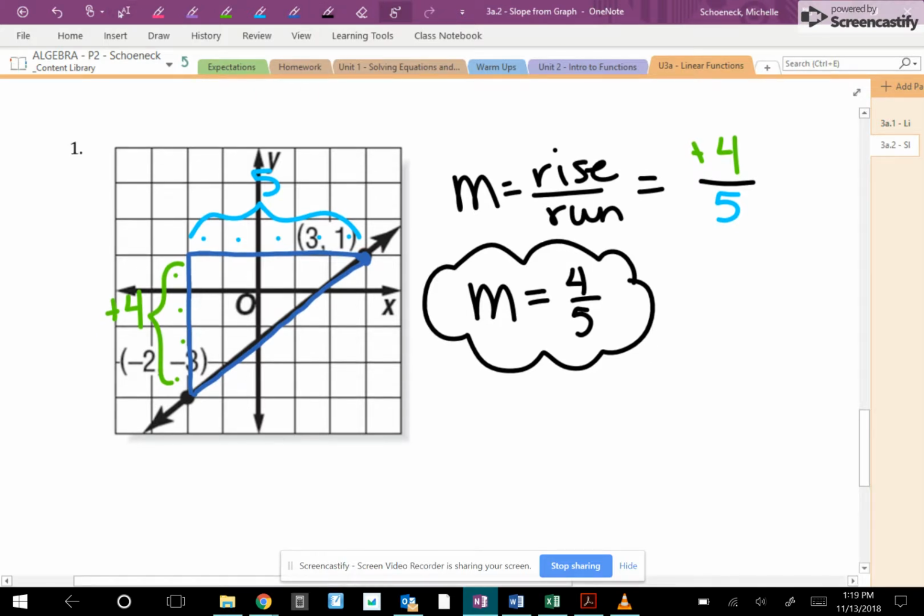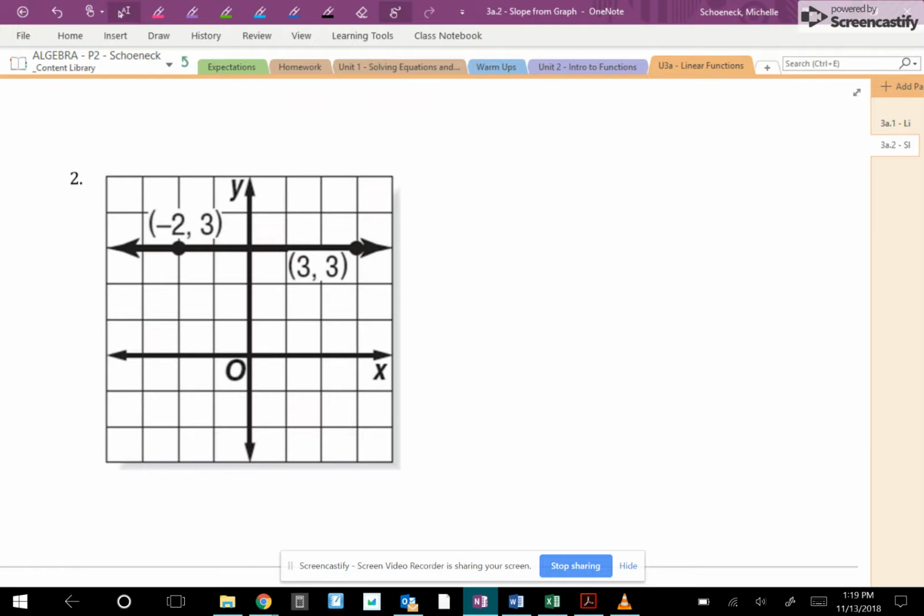All right, moving on to the next one. Find my 2 points and draw a triangle. Now I can't go up or down any, so my triangle is more just like a line here. So if my slope is the rise over the run, my rise is 0, and my run is 1, 2, 3, 4, 5.